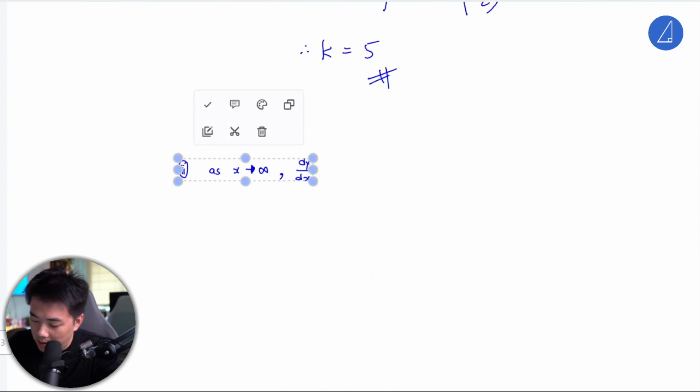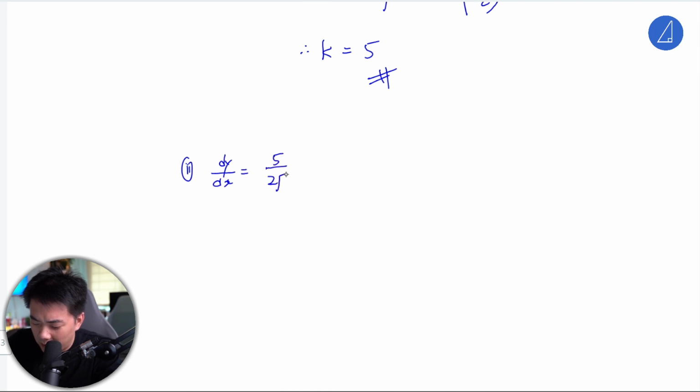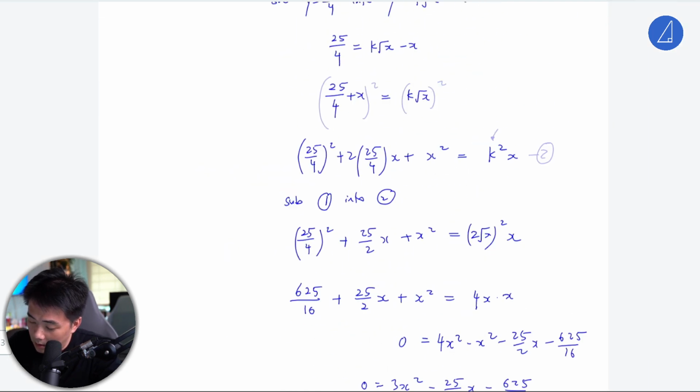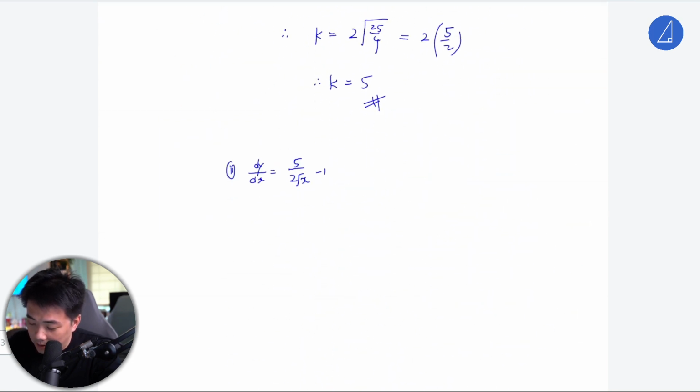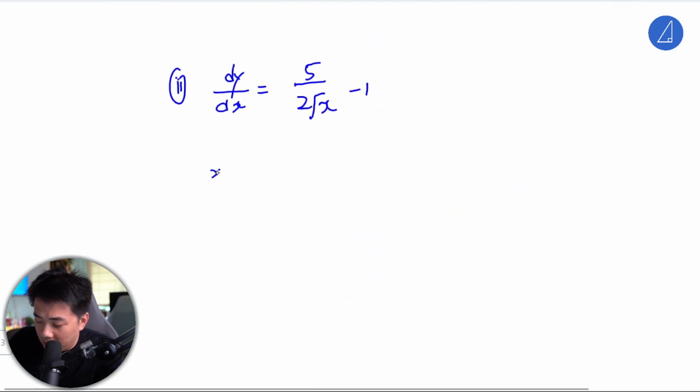So maybe I just put this as part 2. dy/dx is equal to 5/2 root x minus 1. Okay, great. So as x goes to very large, I know for a fact that 5/2 root x will go to 0.